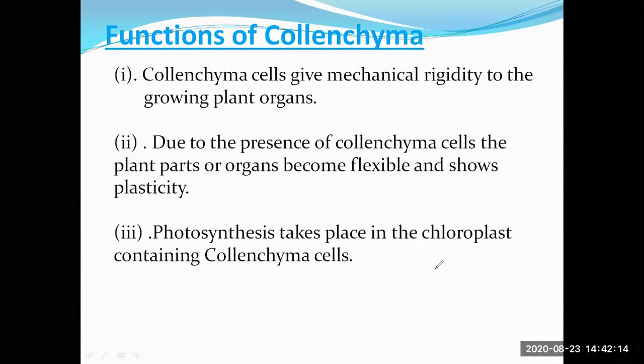It is useful for considerable elasticity of the plant parts, and so it provides tensile strength to the growing organs. Then plant parts become flexible, also showing plasticity. They provide support when they occur on both sides of vascular bundles.